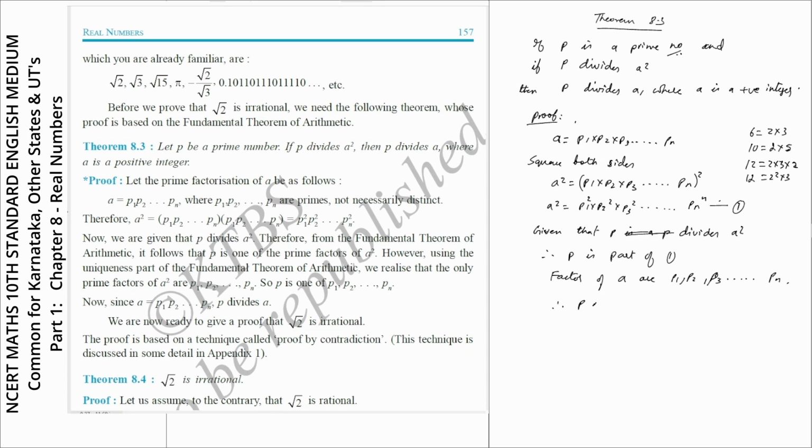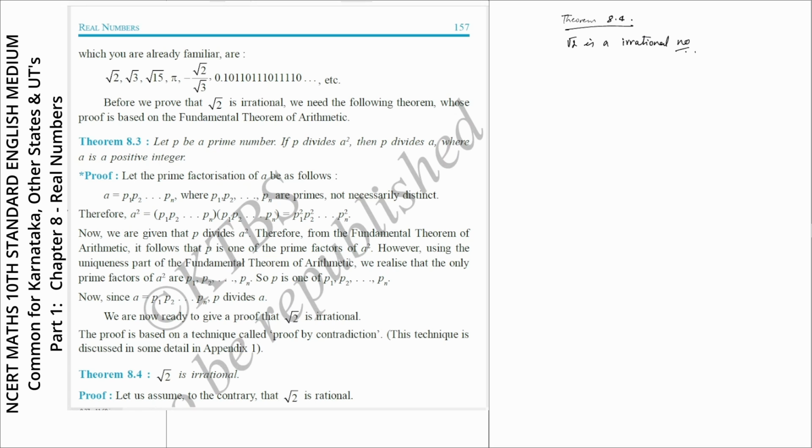Therefore P is one of the factors of A. This is according to the uniqueness of the fundamental theorem of arithmetic. And that completes this theorem.